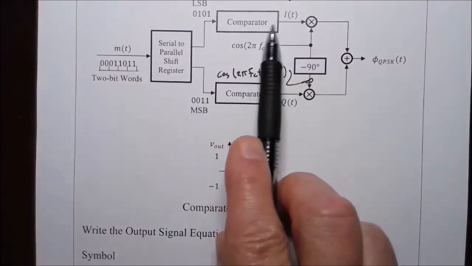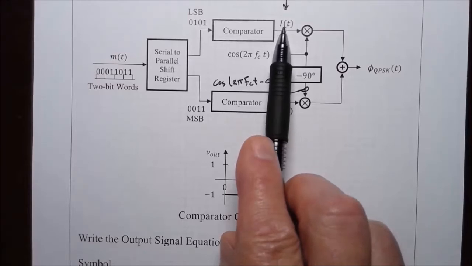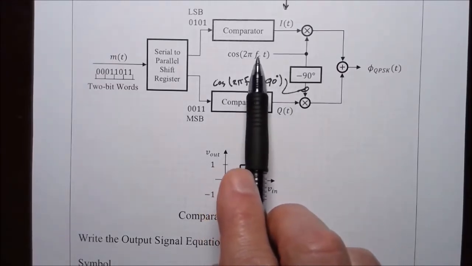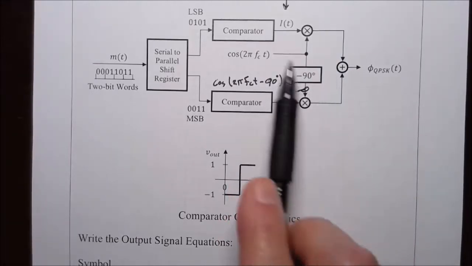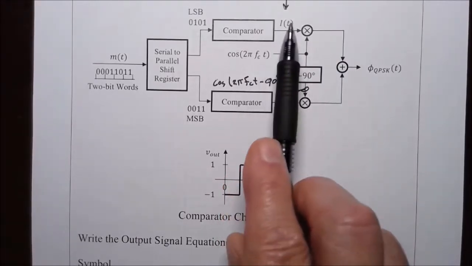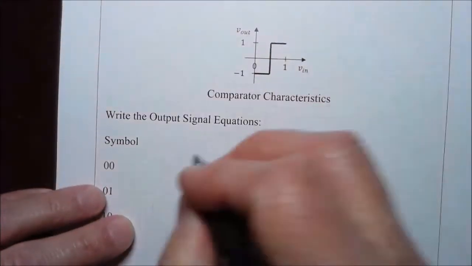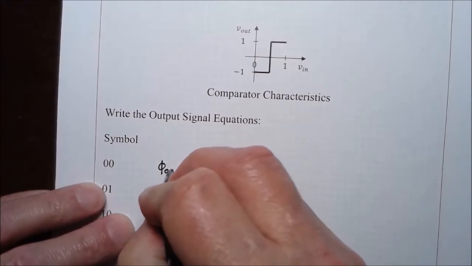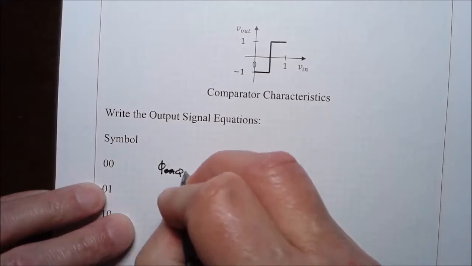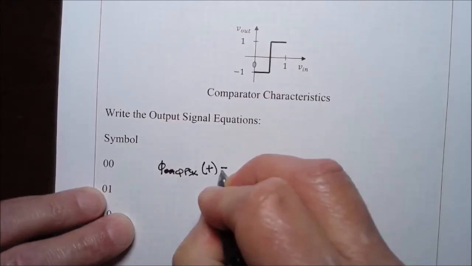Through the top branch, the in phase signal will be minus 1 times cosine 2 pi FCT, and then that's going to be added with the quadrature signal. So minus 1 times cosine 2 pi FCT, let me write this as phi quadrature phase shift keying of t.